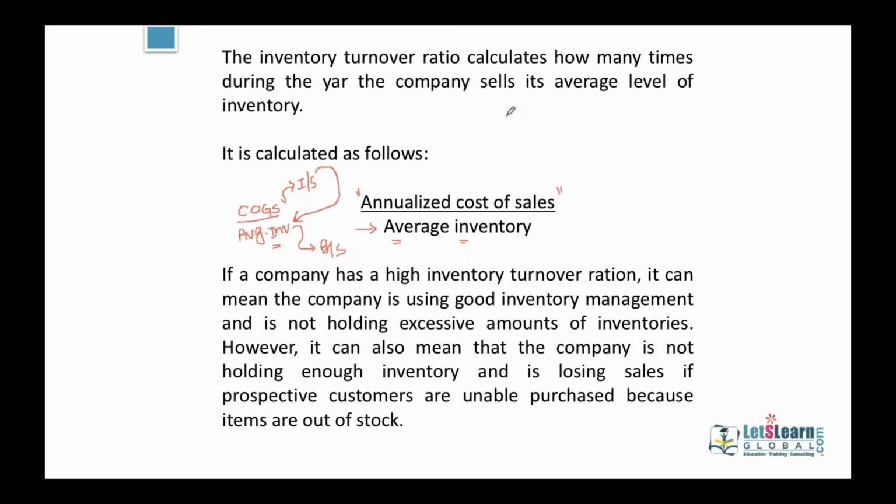So always have a rule that when income statement item is expressed in terms of the balance sheet item, the balance sheet item is to be averaged. So in the denominator you will find average. That is standard rule now.